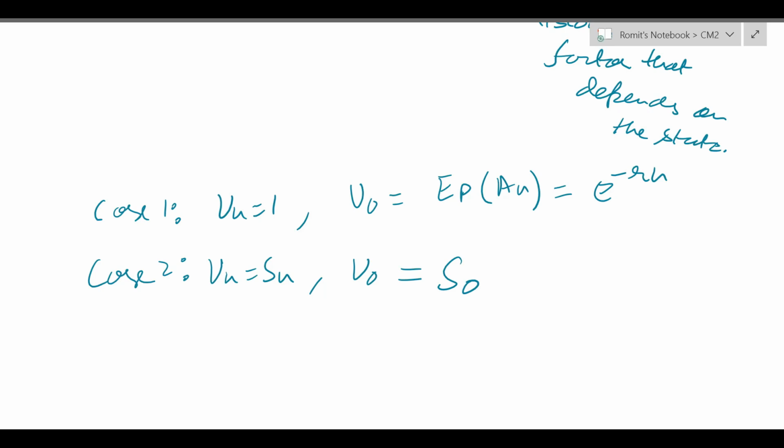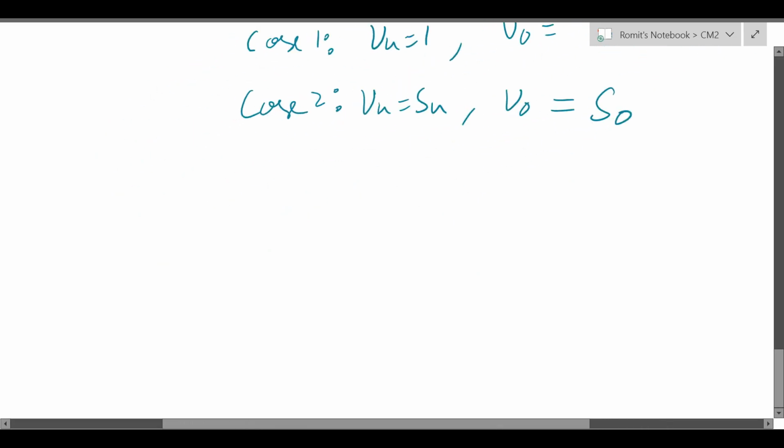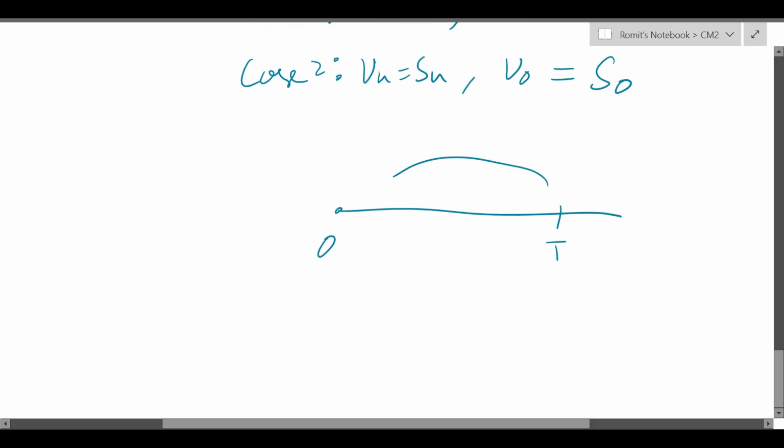Okay. And finally, just one thing. So far we were trying to find the price of the derivative at time 0. So how are you doing that using the state price deflator approach? You are just saying let's take the expectation of the payoff of the derivative, but discount it using this state price deflator.